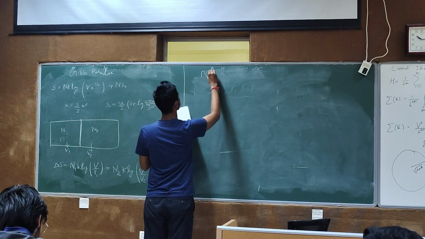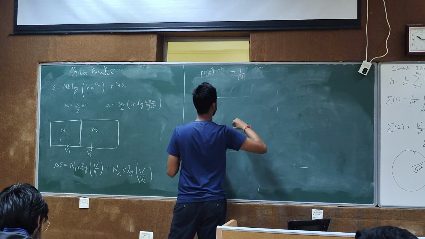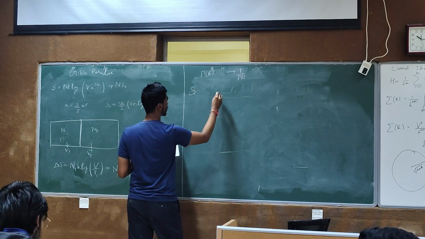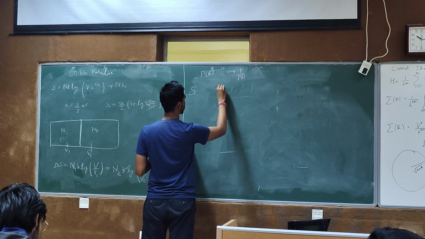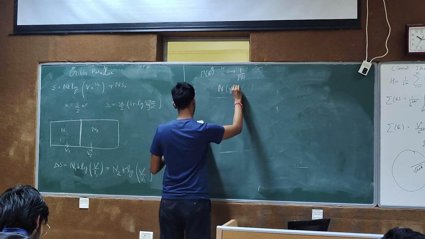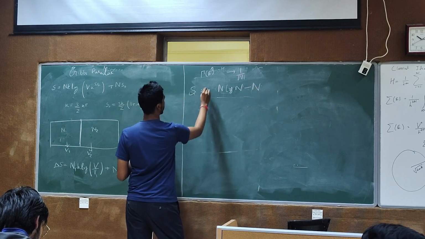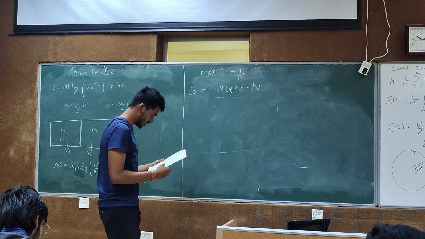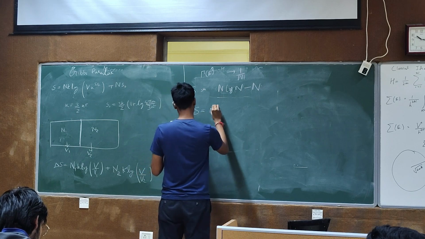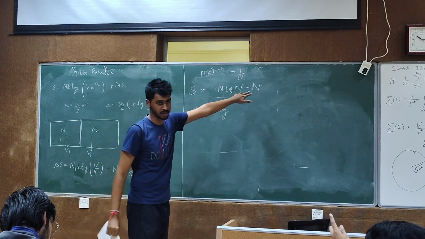You just evaluate gamma E, and while evaluating gamma E, you divide by n factorial. So in the entropy equation, you would have a subtraction of this term. This term would be subtracted from this entropy, and if you do that, you get this. This is the Stirling approximation.